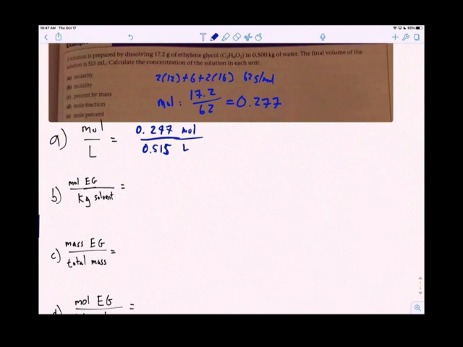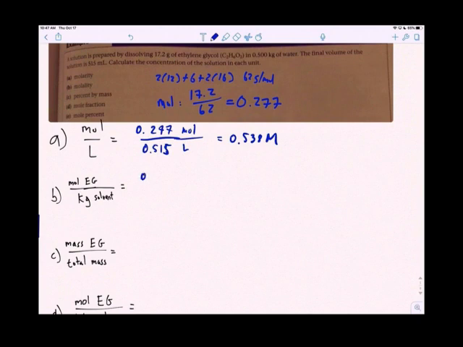That's how many liters are in 515 milliliters, so divide that by 1,000. This is equal to 0.538 moles per liter.